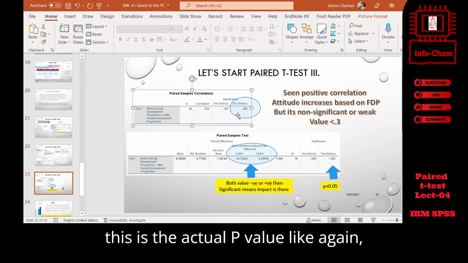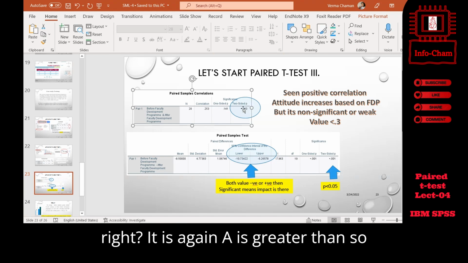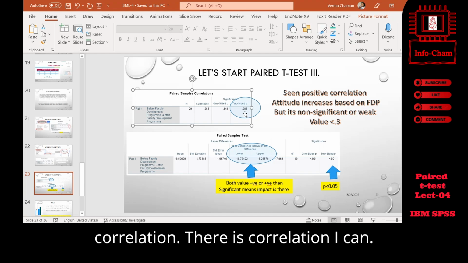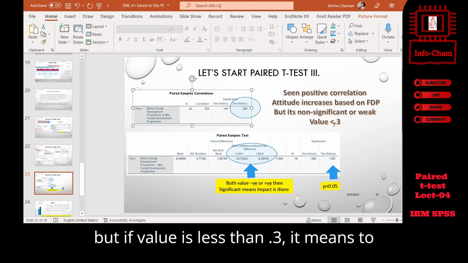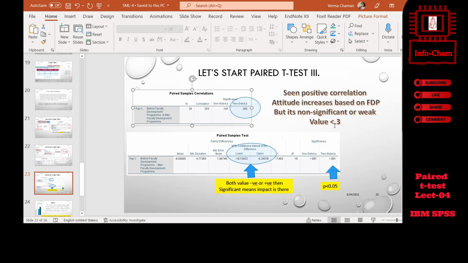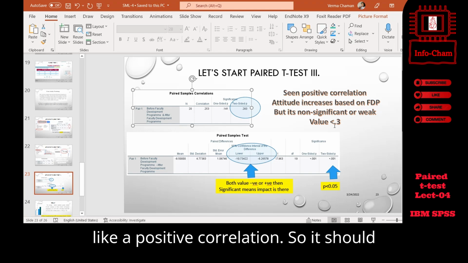So this is the actual p value, and again it is greater than the threshold. So it is not significant. It is not a good correlation. There is correlation, because we have some value. But if the value is less than 0.3, it means it is a very weak correlation. If the value is 0.6 or above, then we can say this is a good, strong, or positive correlation.